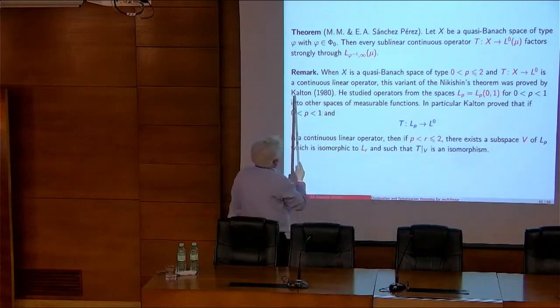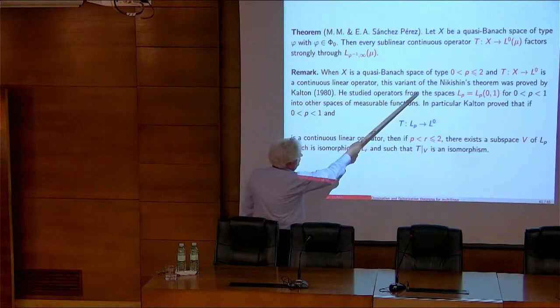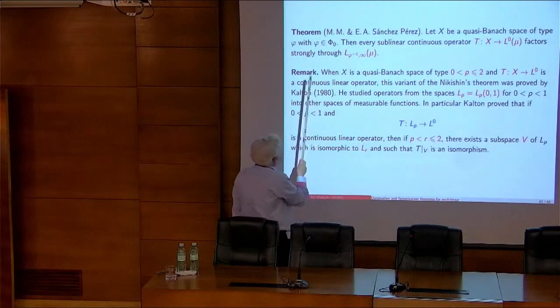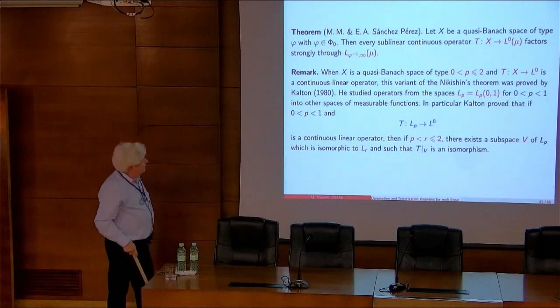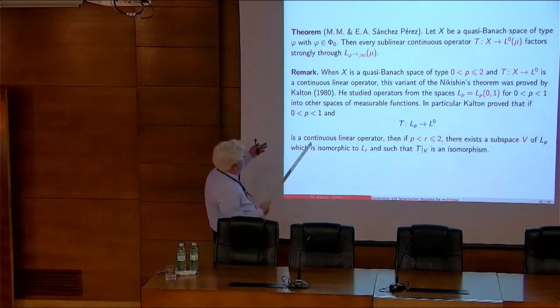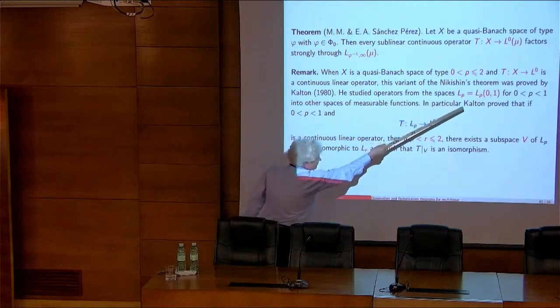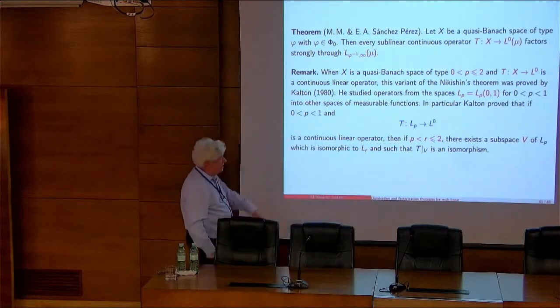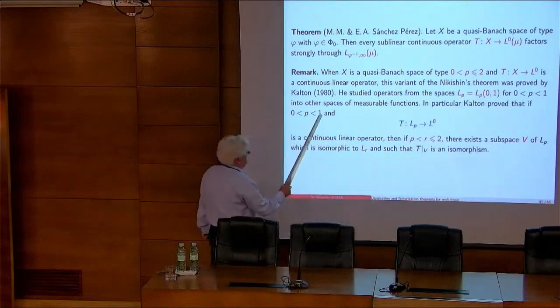Then we have an operator which is continuous and linear. This variant of Nikishin was proved by Carleton in his deep paper in Transactions. He has many applications of this result, and he studied operators to the space LP, p between 0 and 1, so a quasi-Banach space, the space with trivial dual, of course.